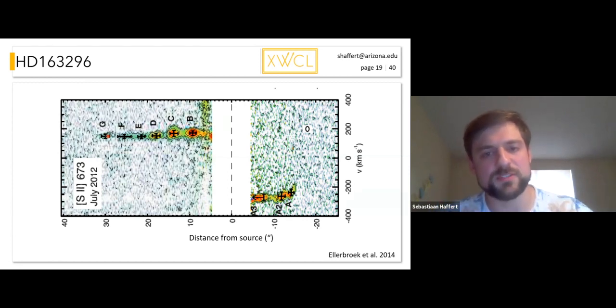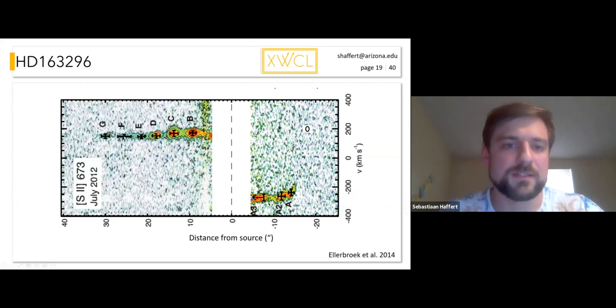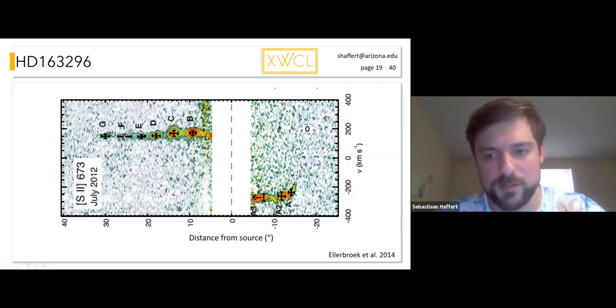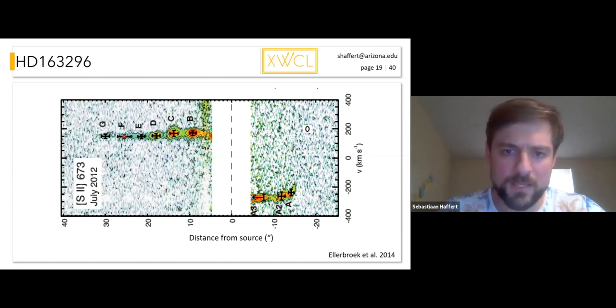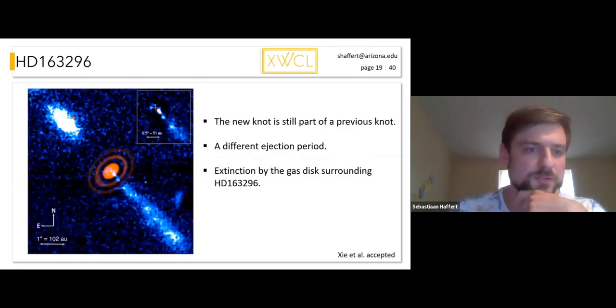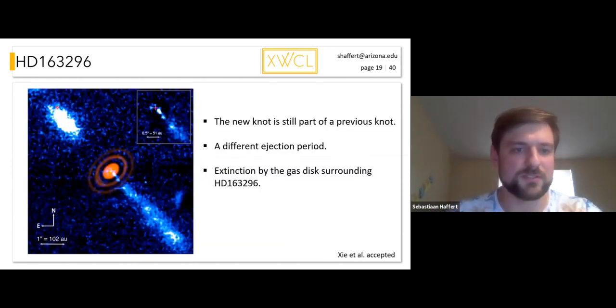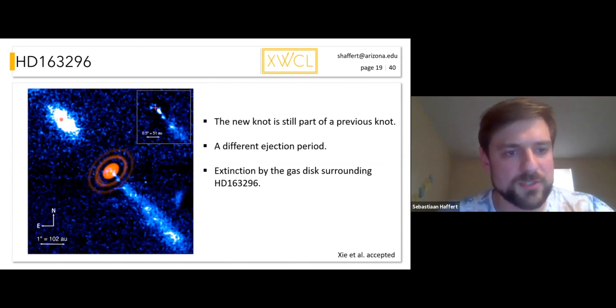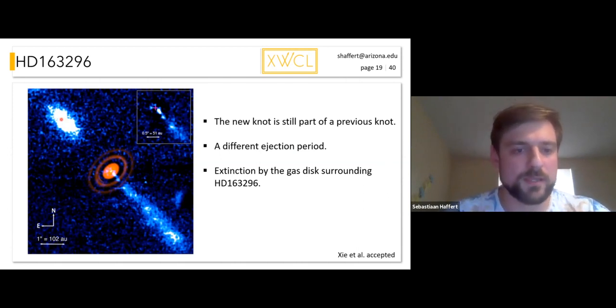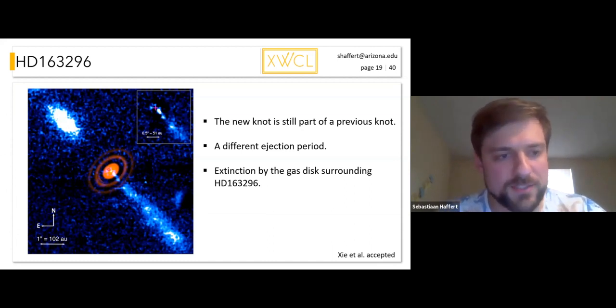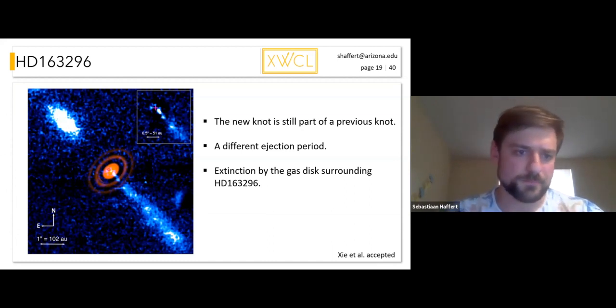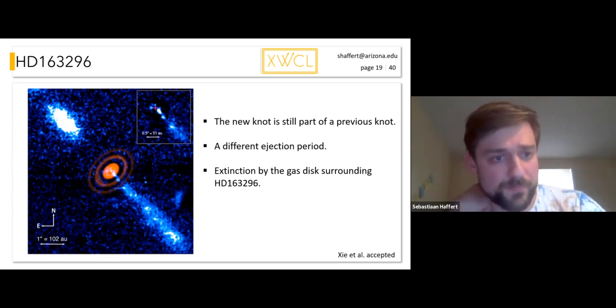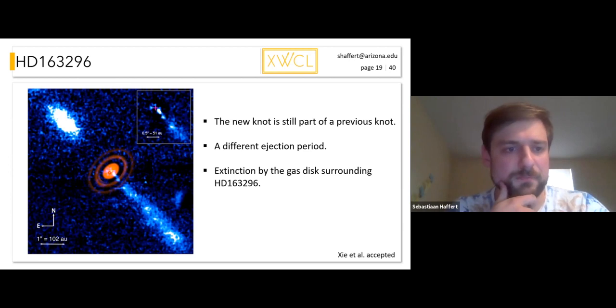So every 16 years, we see a node that's ejected by this system. However, this new blob that we detected, or this new node, if we measure its velocity and its distance from the star and take into account the inclination, the ejection time actually does not match that 16-year period.